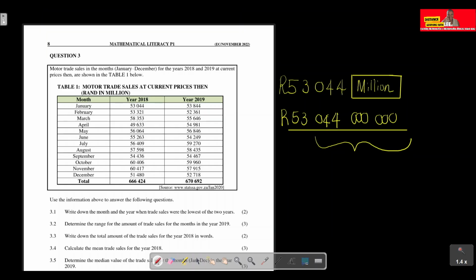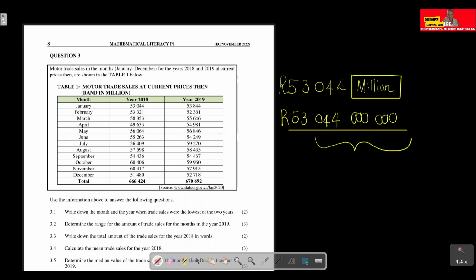Okay, so that's what we are told in this table, that we need to add a million to all these values that are given to us to get the actual figure. Okay, so I think we're done with analyzing the table. All right, the rest is basically the same.